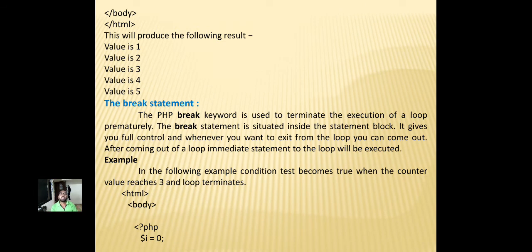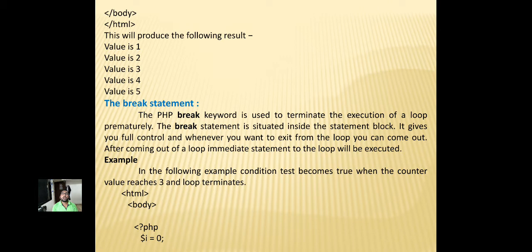The PHP break keyword is used to terminate the execution of the loop prematurely. The break statement is placed inside the statement block. It gives you full control, and wherever you want to exit from the loop, you can come out.